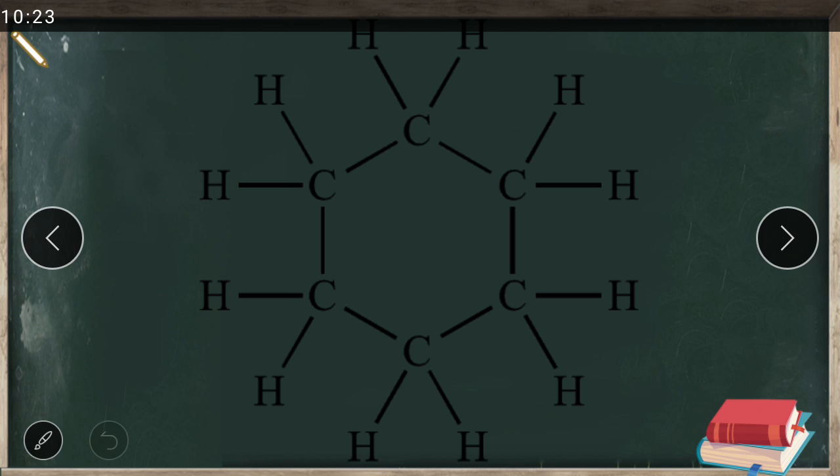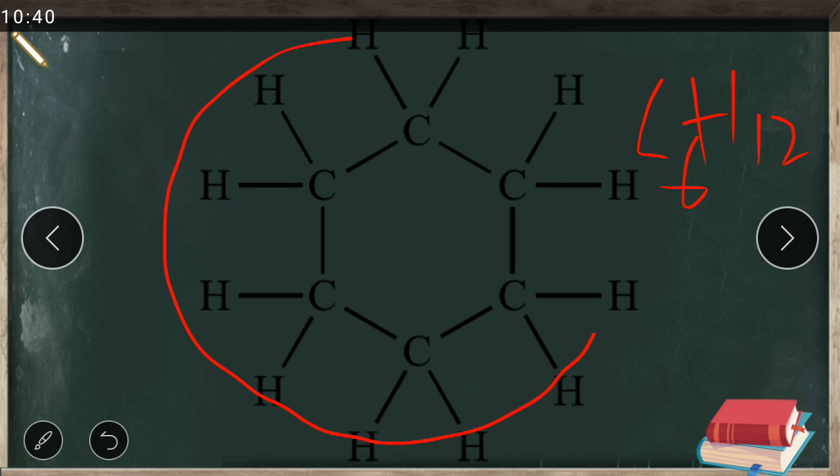Here we can see there are 6 carbon and a total of 12 hydrogen. The 6 carbon and 12 hydrogen make a circle-type shape, so we can say that this is a cyclic compound.